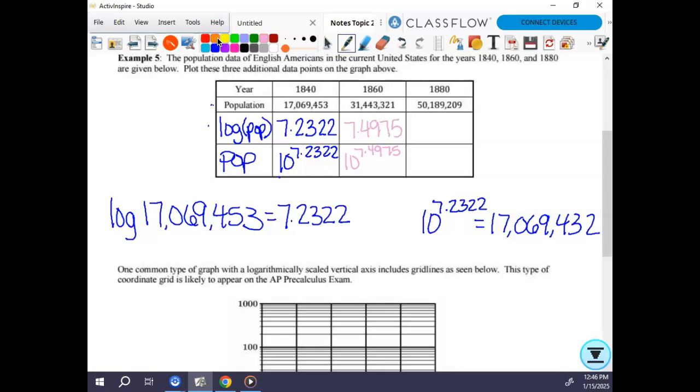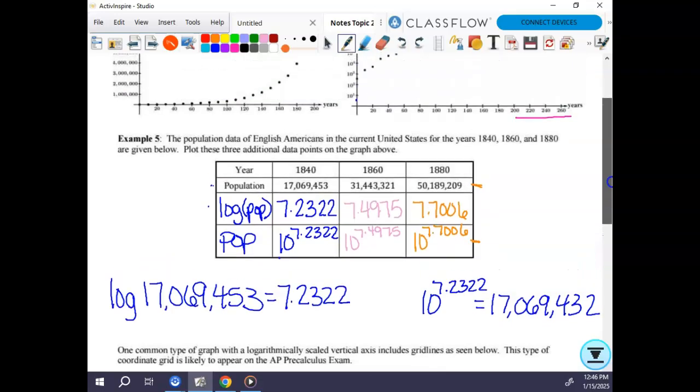And then if I took the log of the 50 million number, I'd have 7.7006. And I could rewrite that as 10 to the 7.7006 power. So the top row and the bottom row are actually the exact same numbers, just in a different form.